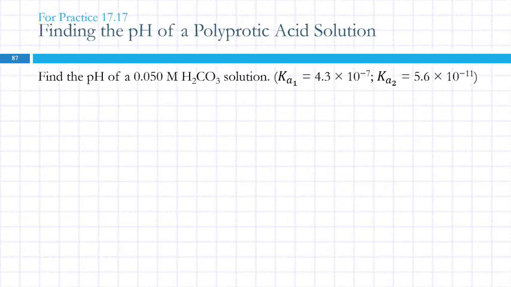So let's find the pH of a 0.050 molar H2CO3 solution, and we're given both of the Kas for this diprotic acid. So we're going to do an ice table. First we're going to write the equation for losing the first proton.